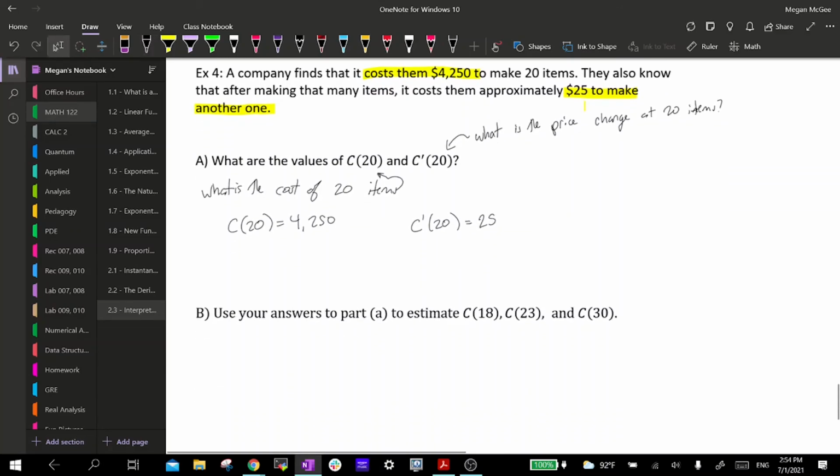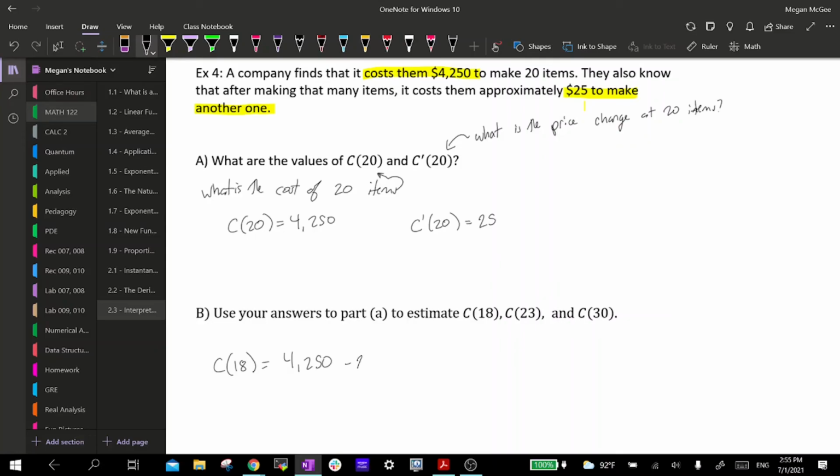Part B asks us to use our answers from part A to estimate C of 18, C of 23, and C of 30. For C of 18, we're starting at C of 20, which is 4,250, and we need to subtract 2, because we're dealing with 2 units.